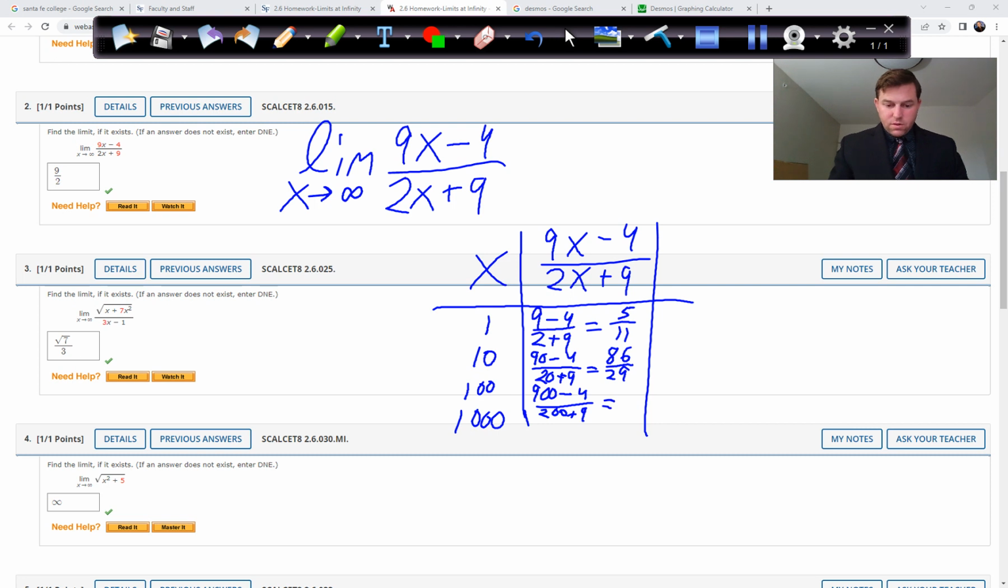And that's going to equal 896 over 209. Then we plug in 1,000. We're going to get 9,000 minus 4 over 2,000 plus 9, or this is 8,996 over 2,009.